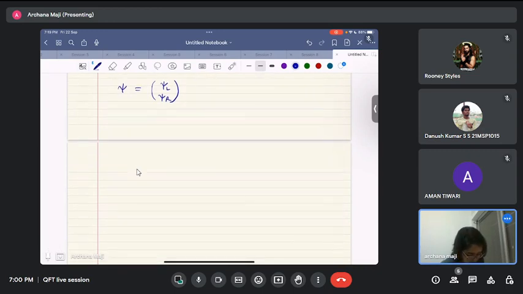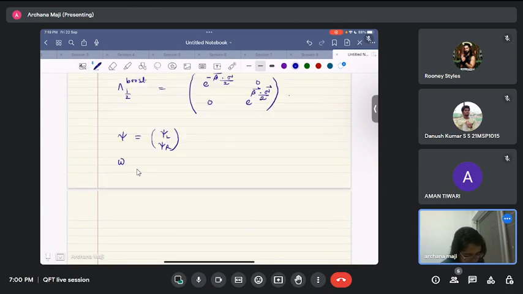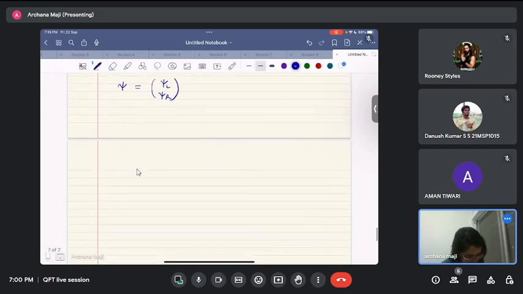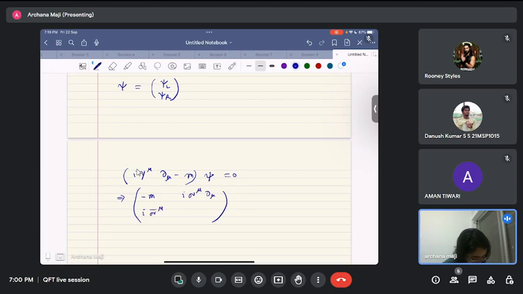So, should I repeat that? It was i gamma^mu del_mu minus m acting on psi equal to 0. So that would give you minus m, i sigma^mu del_mu, i sigma-bar^mu del_mu minus m acting on (psi L, psi R) equal to 0.